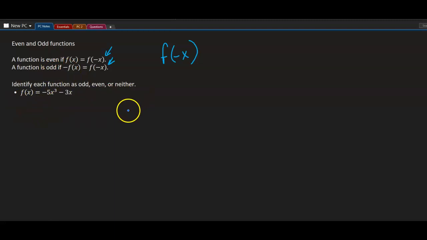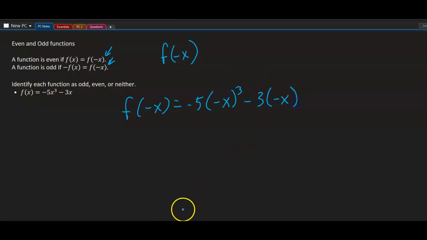So let's take this one for example. So f of negative x here. All right, so negative 5. And then I'm going to substitute in a negative x here. And a negative x here.